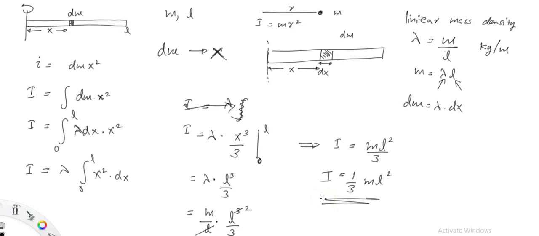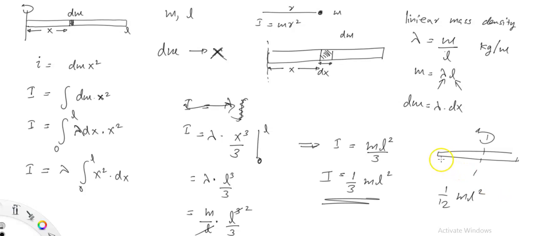If you like the challenge, give it a try and prove that the moment of inertia around the center is, I think it was, 1 over 12 ml squared.